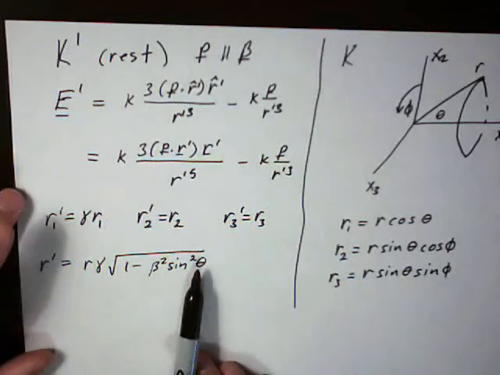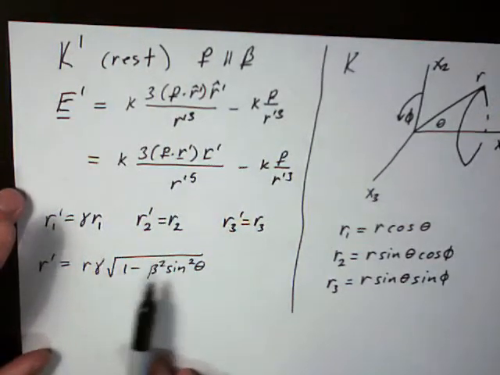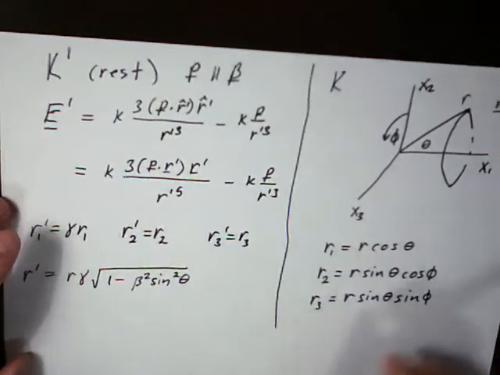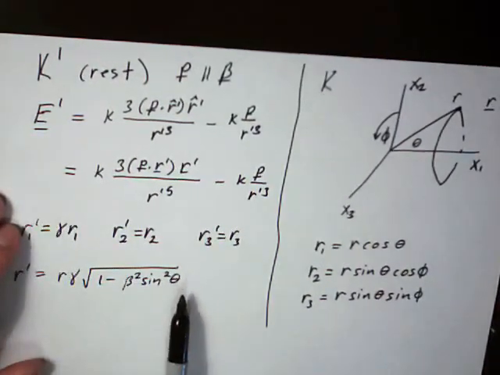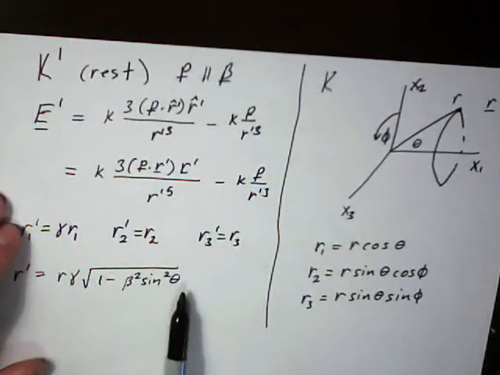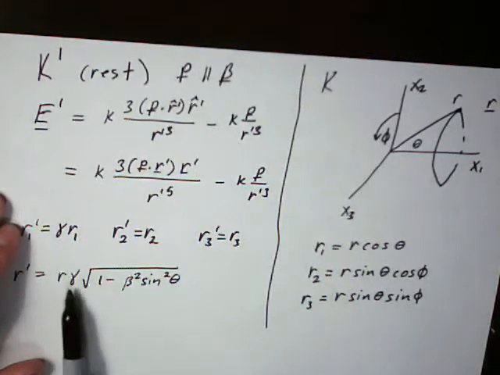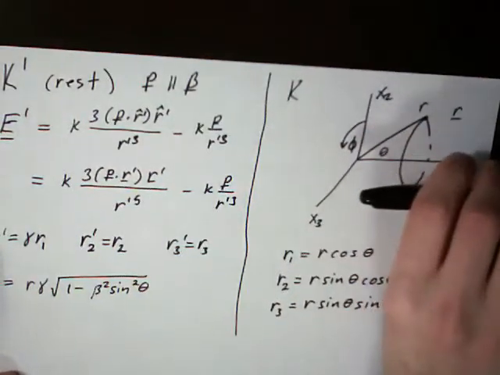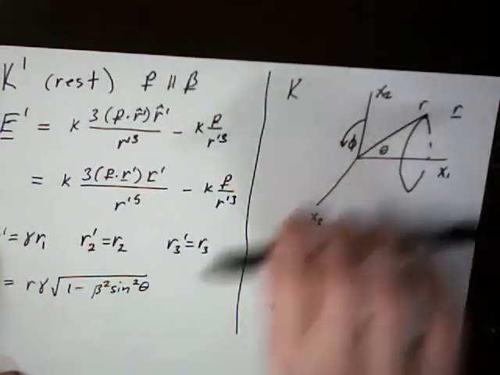And so this is basically the angular dependence, or an angular dependent gamma, in other words. So if you look at when theta is 0, sine of 0 is 0, you just get square root of 1. So that just gives me r times gamma, in the direction parallel to the motion, which is what I expect, because that's the first coordinate.